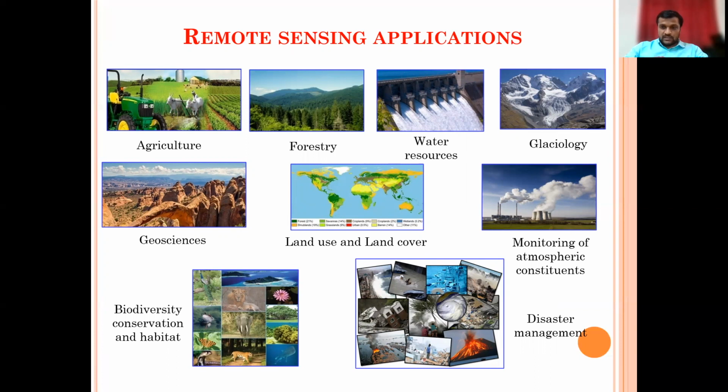We can use remote sensing images or data sets to monitor the changes, to monitor the spreading of the flood, to monitor the spreading of the forest fire. So we can prepare better planning and mitigation strategies in case of disaster management. So remote sensing has wide application in different fields, and we can use it for the betterment of society and human well-being.